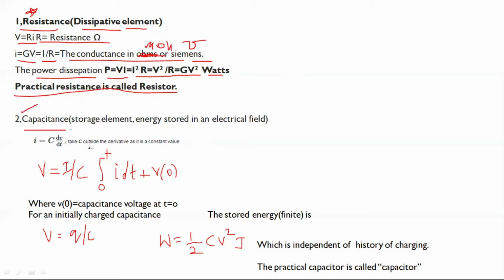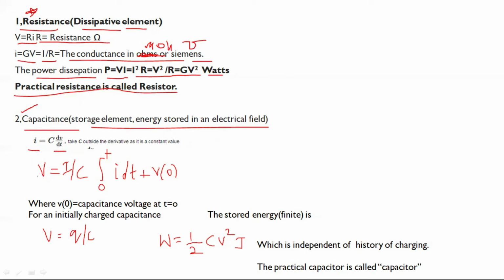Now, capacitance. The capacitance is a storage element. Energy will be stored in an electrical field. That means if a capacitance is used, the electrical energy is stored in the form of an electrical field.